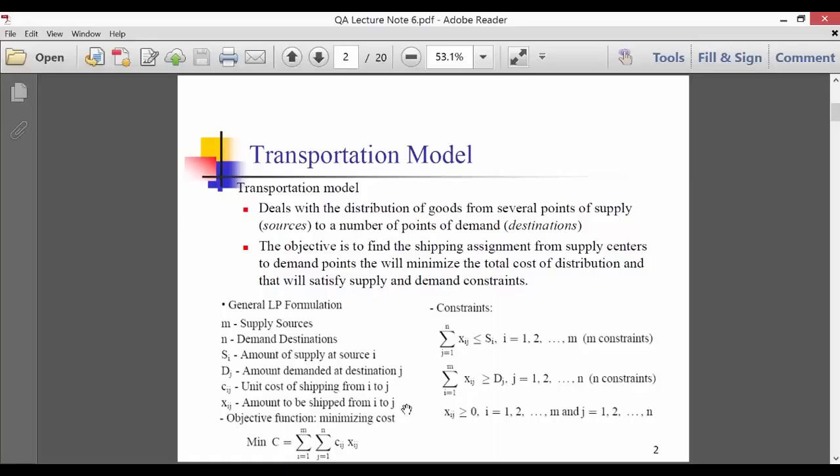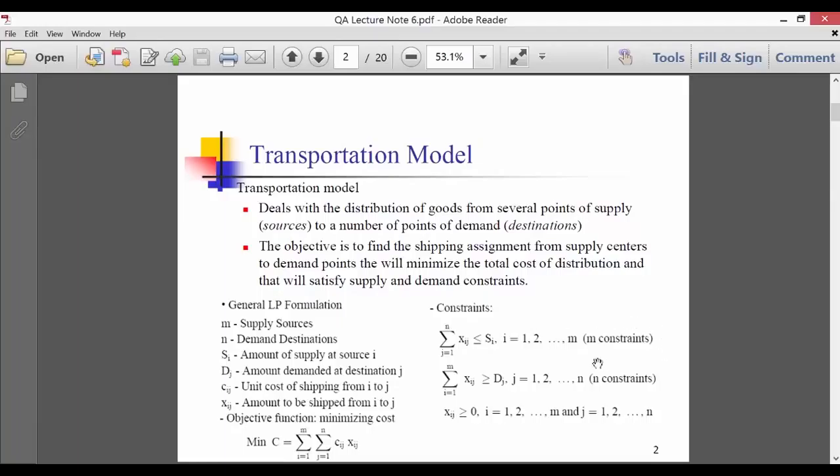Then our objective function is simply to minimize the total shipping costs. C sub ij is the unit shipping cost for shipping 1 unit of product from facility i to market j.